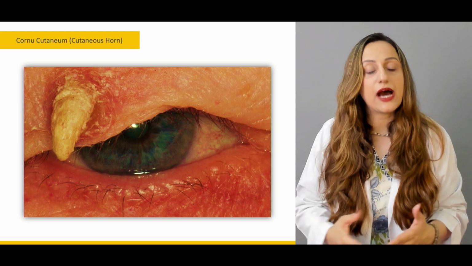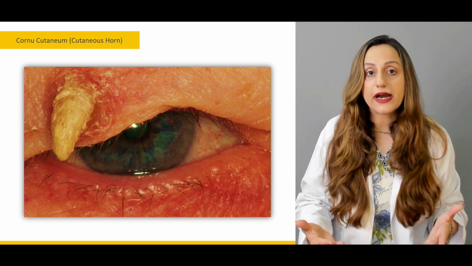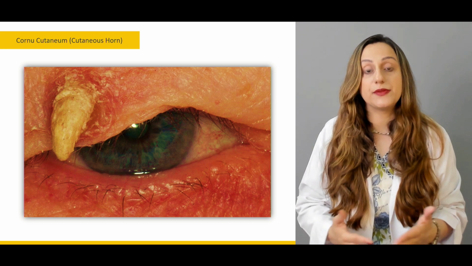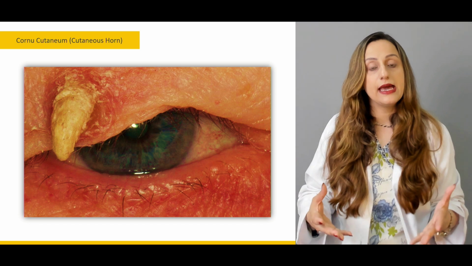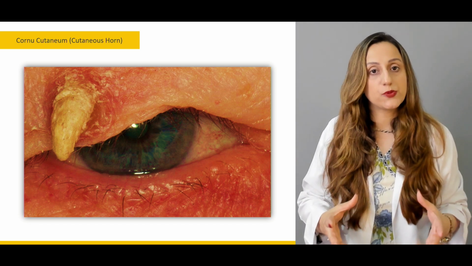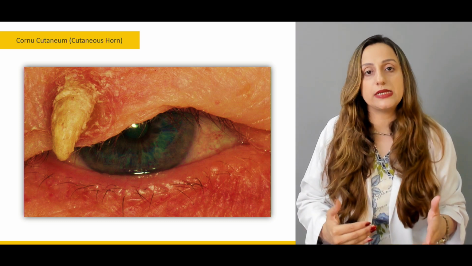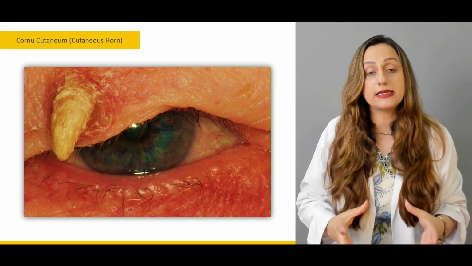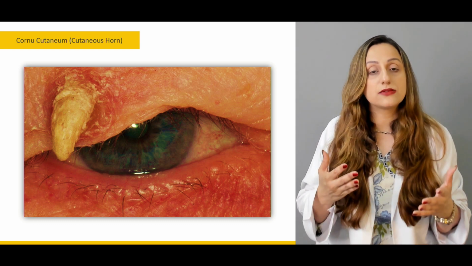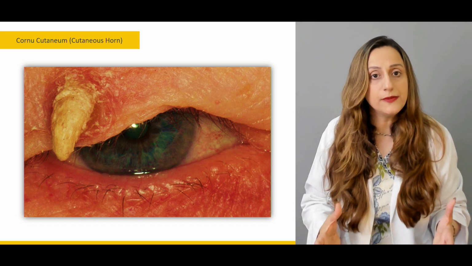Then basically we have another range of factors. One of the factors is trauma. Then the patient may give you a history of burns. So again, the history taking is very important. Whenever you have a patient with Cornu Cutaneum, you should take the history in detail: whether the patient has been suffering from any sorts of infections, or has recently suffered from burns, and it can be chemical burns as well.